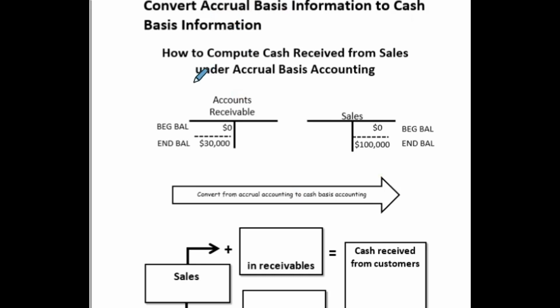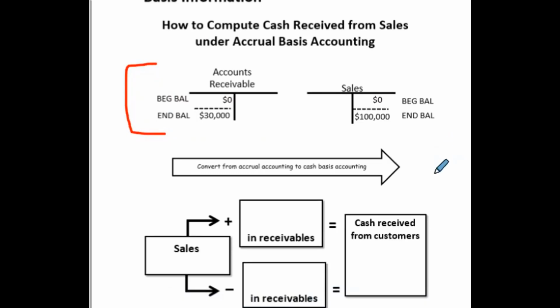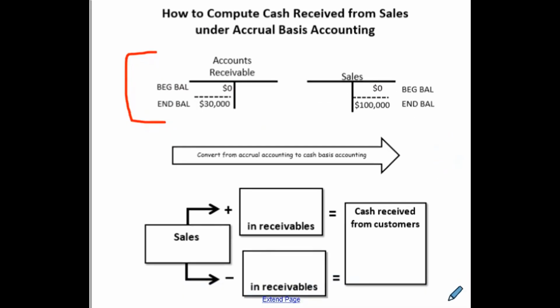Now I want to recreate the information from our previous page, and you'll notice we don't have any cash account information here, just accounts receivable and sales. I can use this formula down here to convert from accrual accounting to cash basis accounting. And here's how I do it.